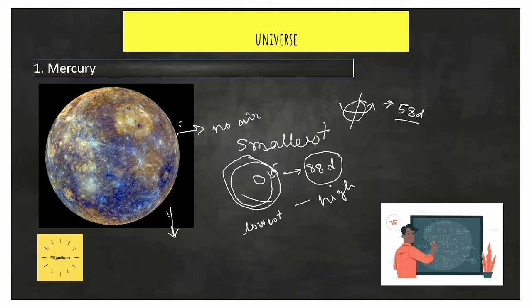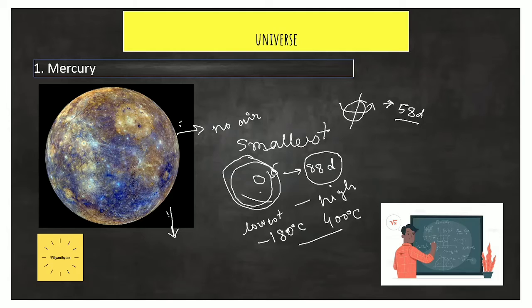During the daytime the temperature of Mercury can exceed 400 degrees Celsius, and during night time it can fall to minus 180 degrees Celsius. So this range is very high, and this is only because there is no air present on Mercury. So this temperature fluctuation happens.